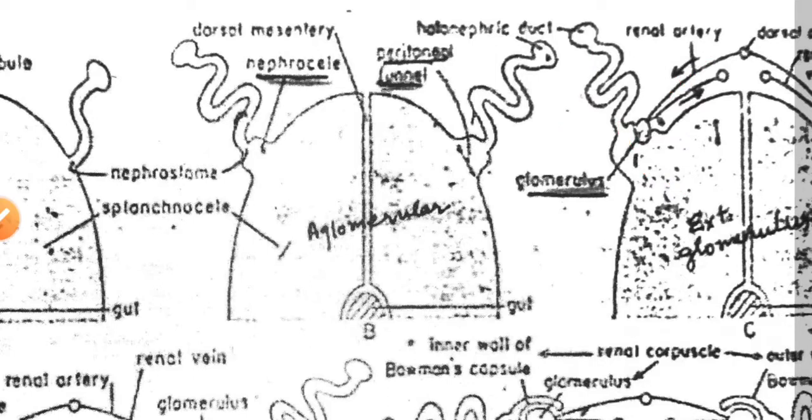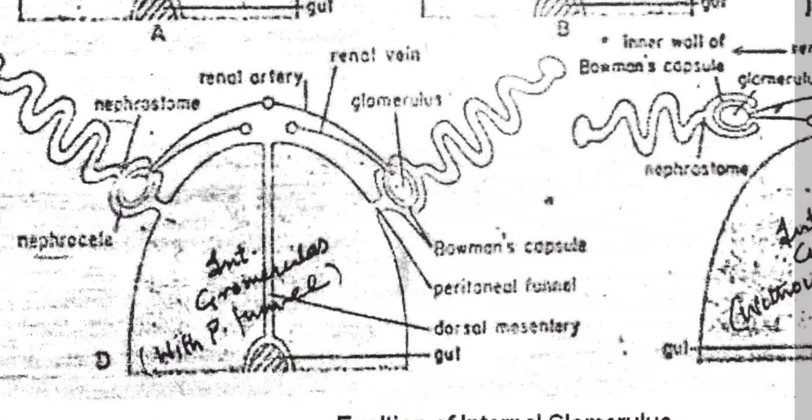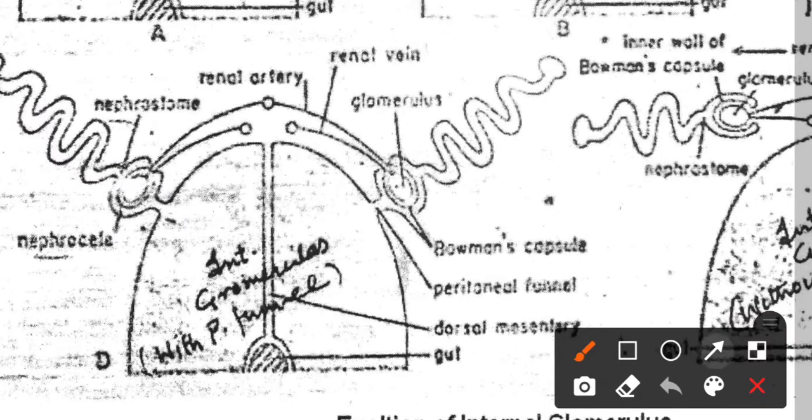Now students, if we go further, we have this stage. So this is the formation of the internal glomeruli. Here you can very well see that the glomerulus is present in the Bowman's capsule.